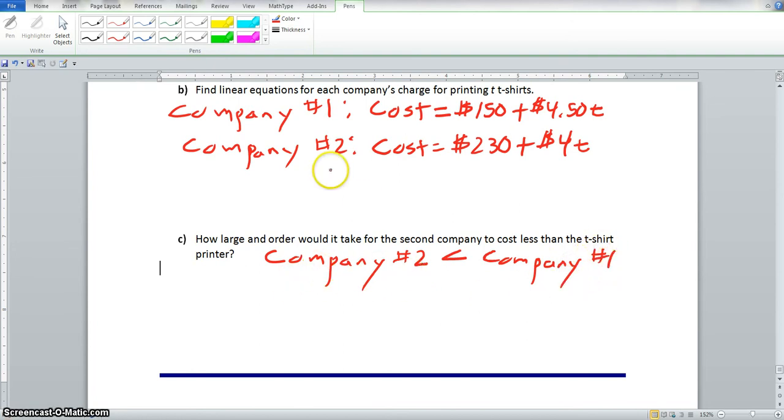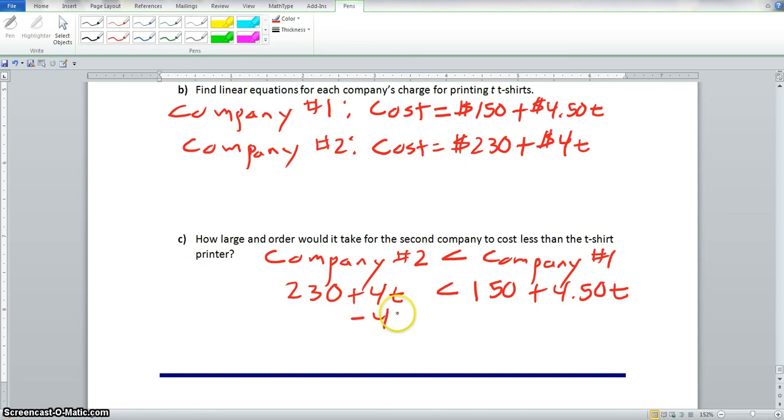So we would take company number 2's equation, but we would take the other side of the equation, which is the $230 plus the 4t, and we would make that less than company number 1, which is 150 plus 4.50t. Now we would get all the variables on one side. So let's subtract 4t on both sides.